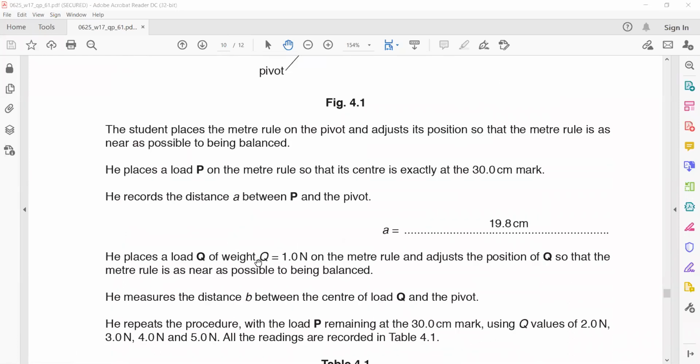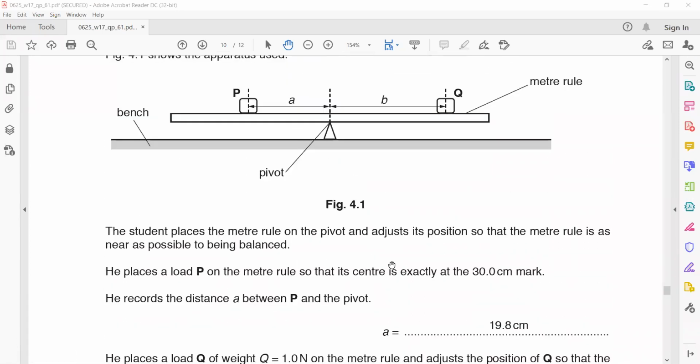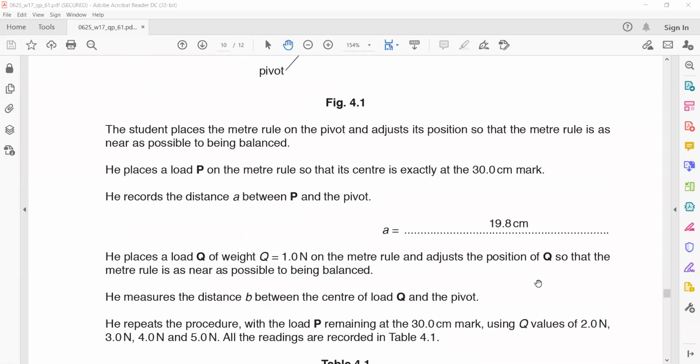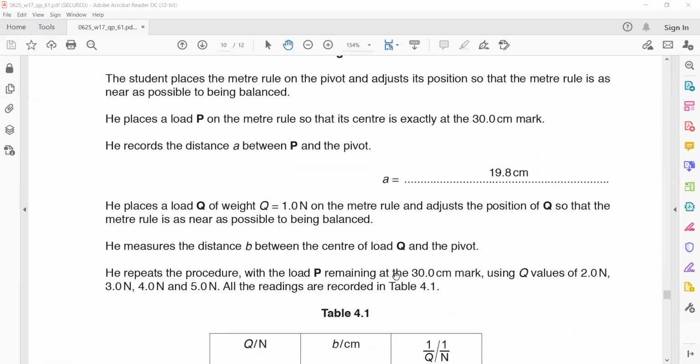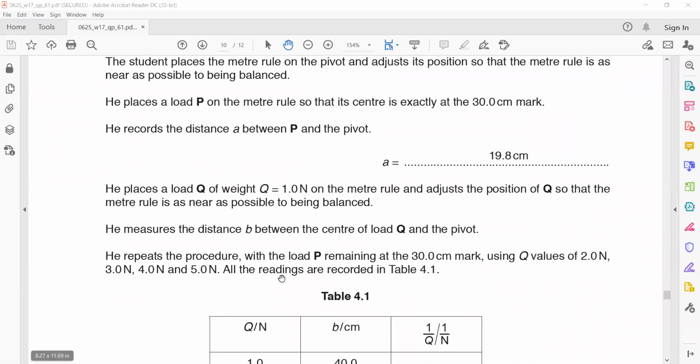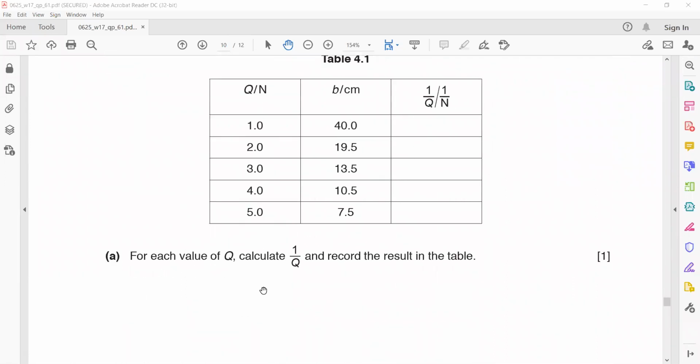He places a load Q, which is 1 Newton, on the meter rule and adjusts so that the meter rule is as near as possible to being balanced. He measures a distance. He repeats the procedure with load P at 30 centimeter and Q at 2 Newton, 3, 4 and 5 and so on.